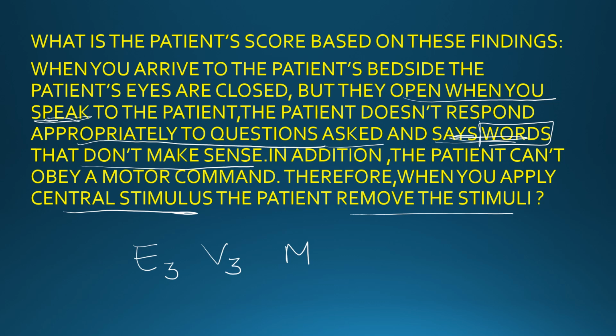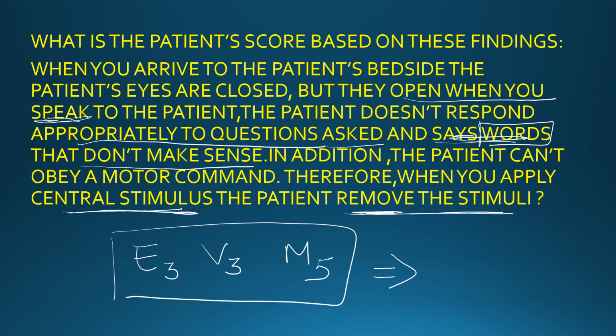Next is M. When you apply a central stimulus, the patient is removing the stimuli, which means the patient is able to localize the pain and the stimuli. Only then can he remove the stimuli, right? So M5. So what is the total GCS score? 5, 3, 3, it is 11.